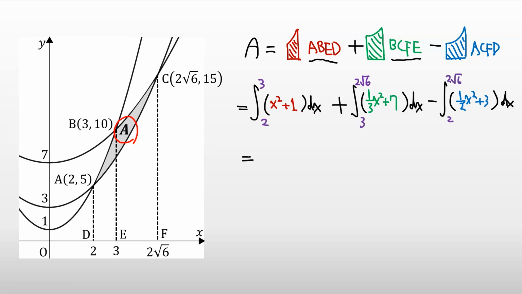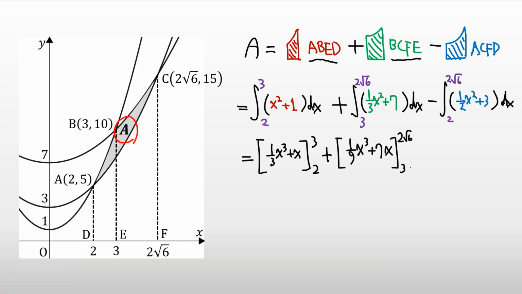If we integrate this, first we have 1/3 x cubed plus x from 2 to 3, and we have 1/9 x cubed plus 7x from 3 to 2√6, and we have 1/6 x cubed plus 3x from 2 to 2√6.